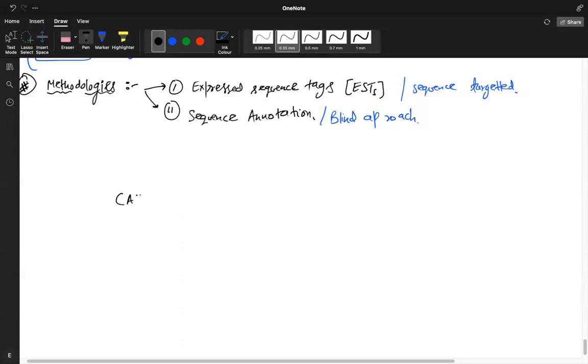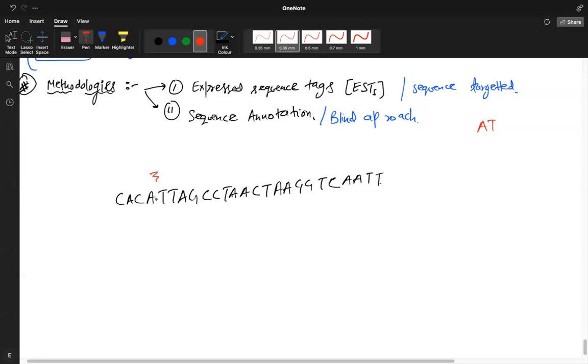So let's take a sequence: CACATTAGCCTAACCG. Okay. Now let's say this is a sequence. You are randomly cutting it, and you have used a restriction enzyme that cuts between A and T. Okay.